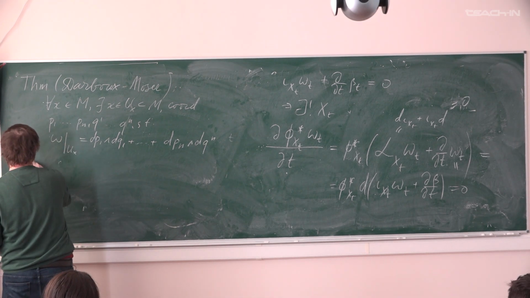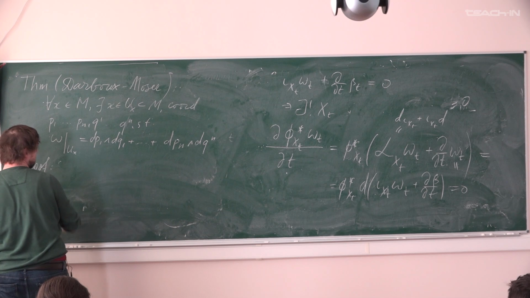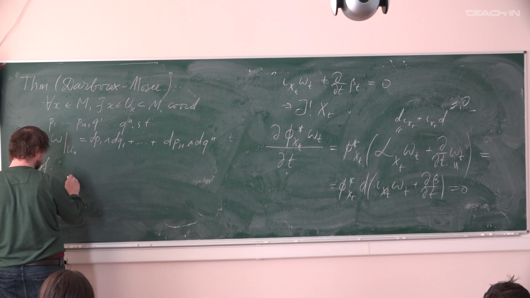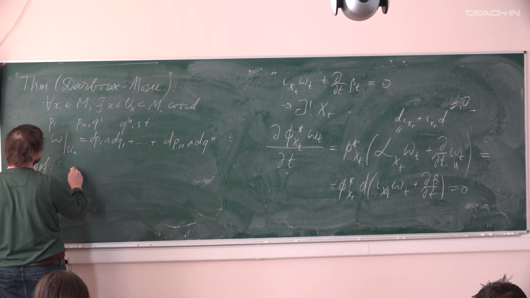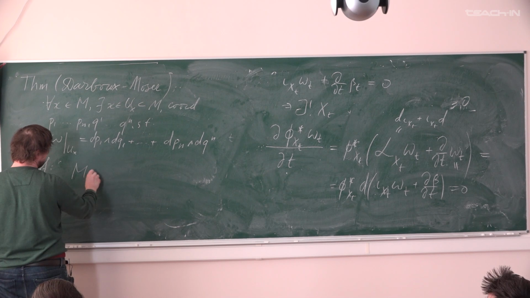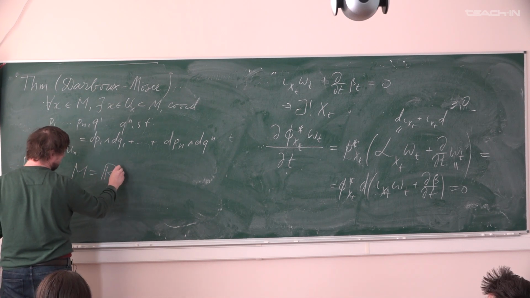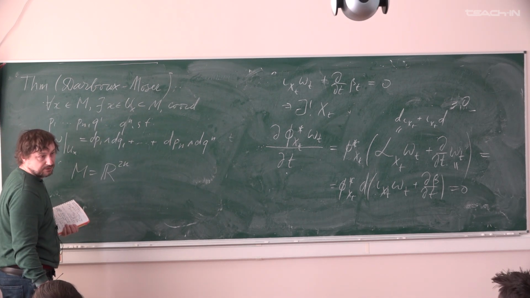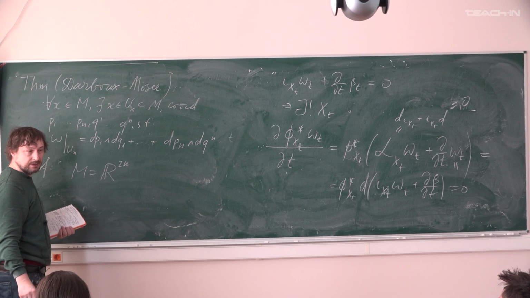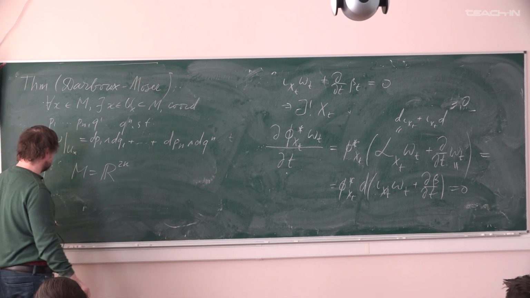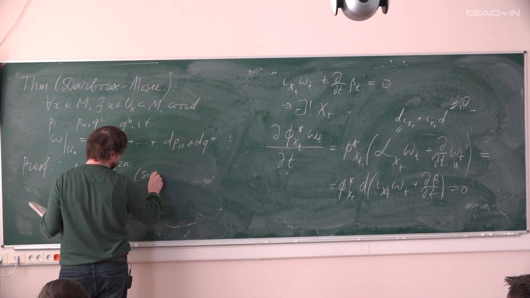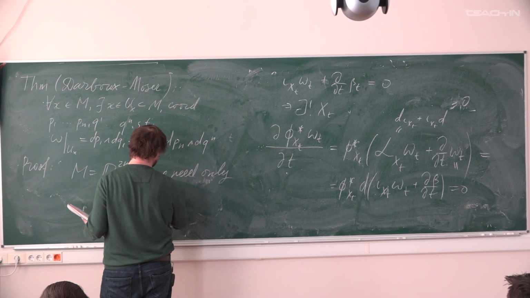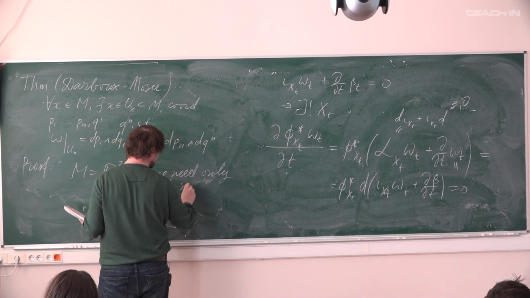The proof is a magic thing to do. It's magically simple. First of all, you can consider M equal to some open neighborhood of the origin in R^2n. You can assume it just by choosing, since you work only locally, you need only the local situation.